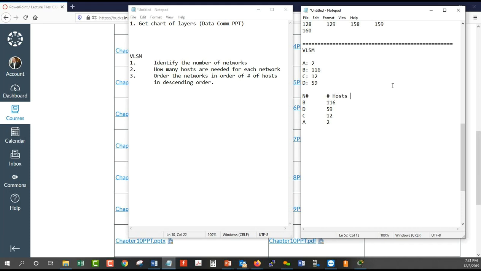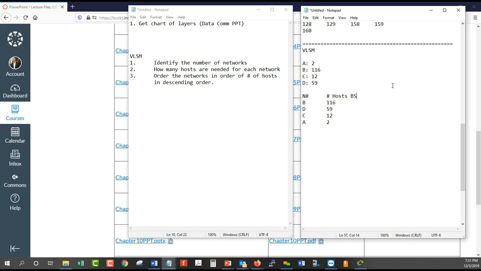And from here, we need to determine what is the block size that is needed for each one of these networks. And the block has to be big enough to hold the number of hosts. Now, a block is one of the powers of 2. Okay, so we start with 2, 4, 8, 16, 32, 64, 128.